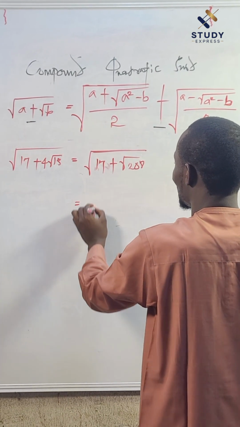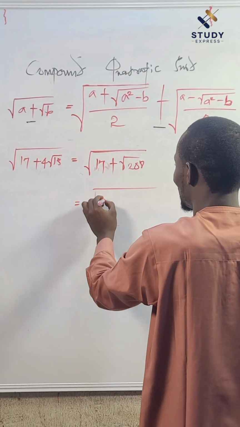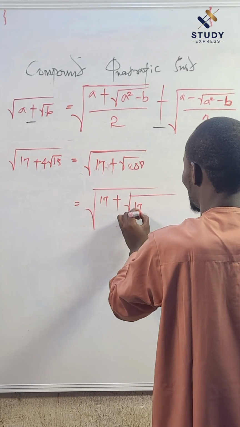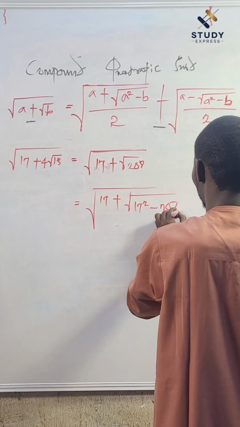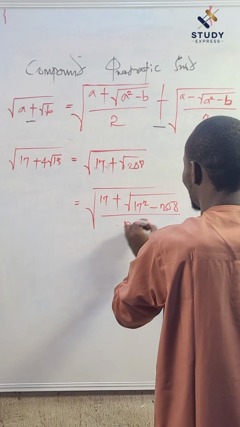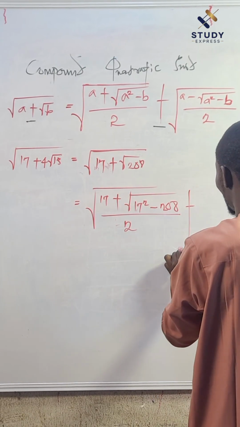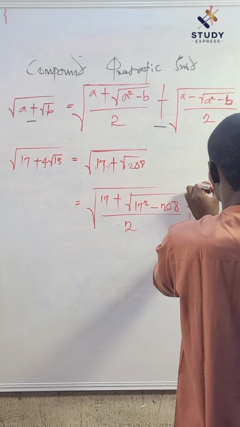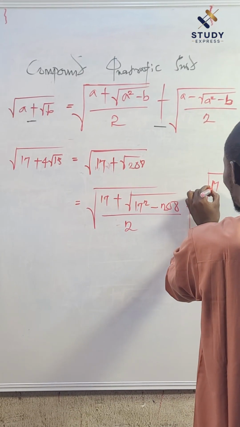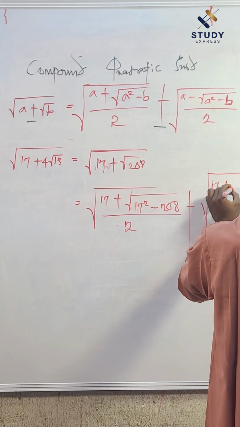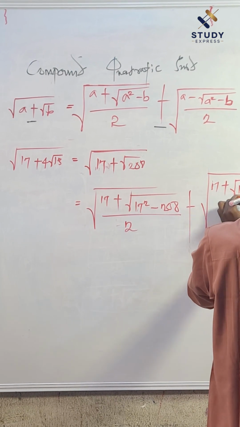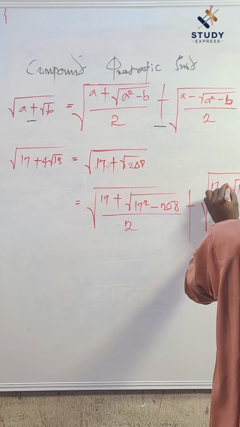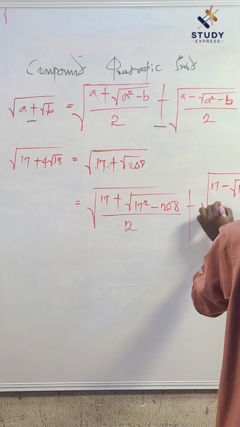So our final answer here should be, now let's go with A. What's our A? 17 plus, so A squared, which is going to become 17 squared minus 208, all divided by 2. So we have the square root of 17 plus the square root of 17 squared minus 208 all over 2.